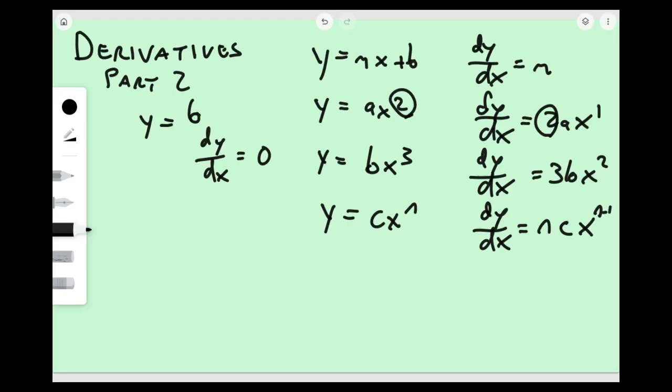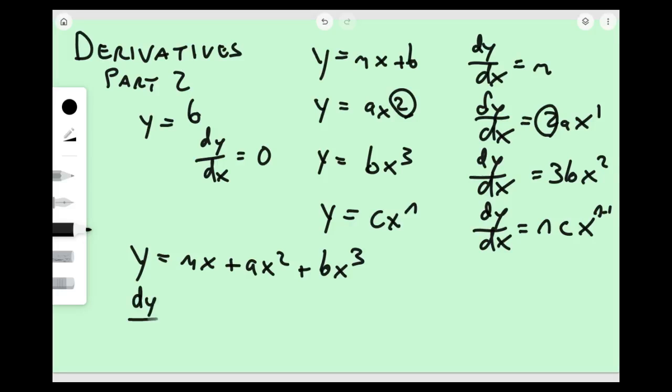We can combine these functions and still take the derivative. I could write y equals, say, mx plus ax squared plus bx cubed. And when I'm doing this, all I have to do is take the derivative of each term.